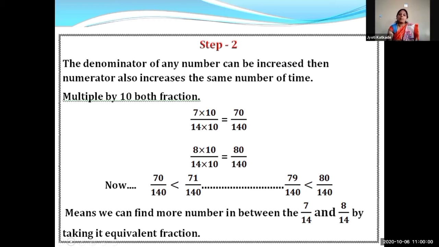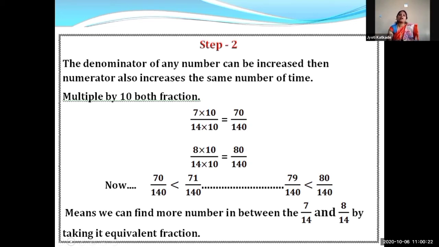These all numbers come in between 70/140 and 80/140. Means when we take the equivalent fraction of any fraction, then the numbers in between those fractions increase.